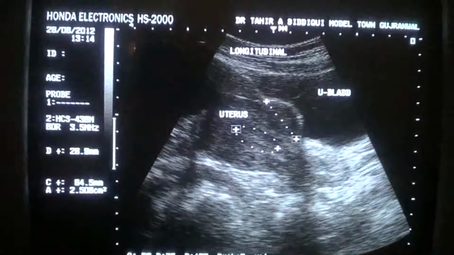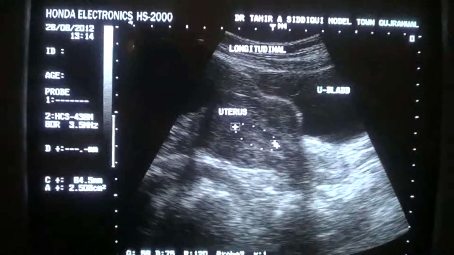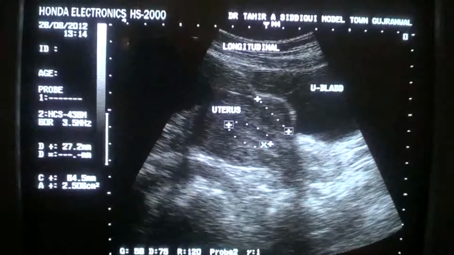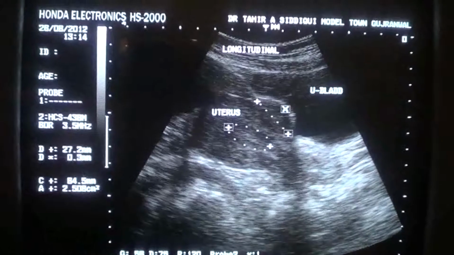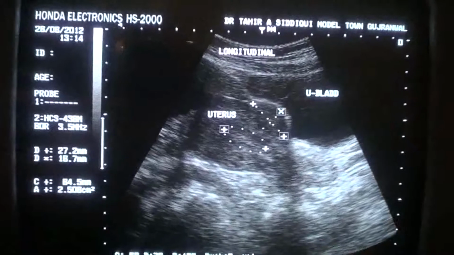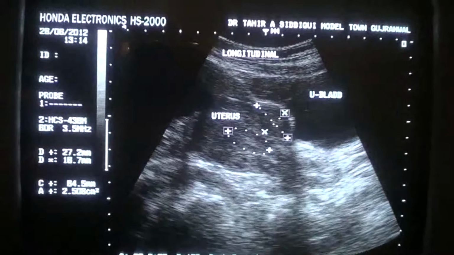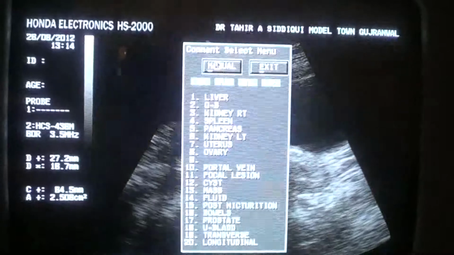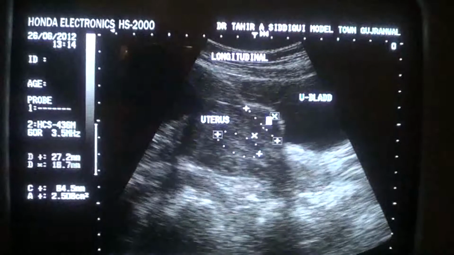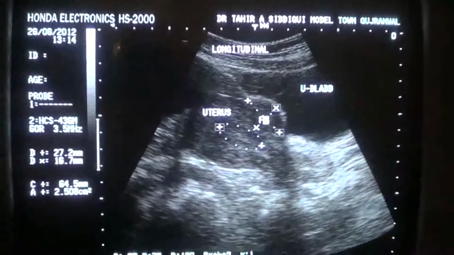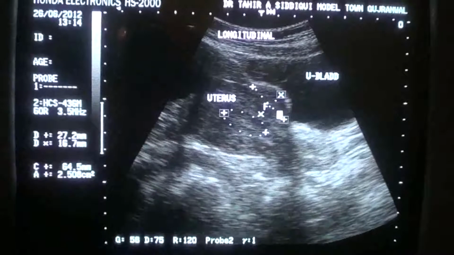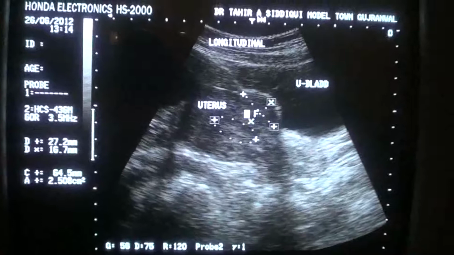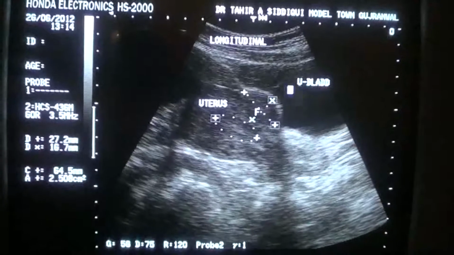That's why you are not seeing the uterine wall with clarity, straight. Now the subserosal fibroid measures 27.2 millimeters in length and 16.7 millimeters in anterior posterior diameter. So this is a subserosal fibroid from the anterior wall, anterior myometrium, indenting into the urinary bladder wall.